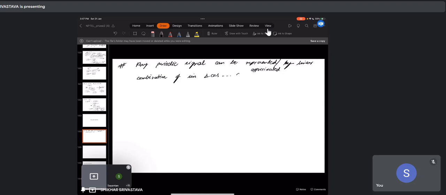You might take an infinite linear combination of sines and cosines to represent any kind of periodic signal. So suppose you have any signal, any function f(x).